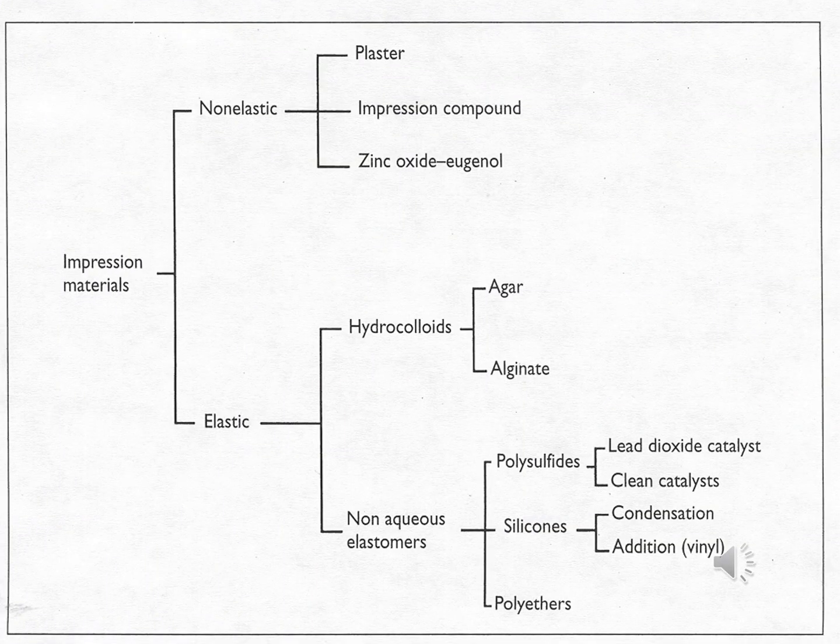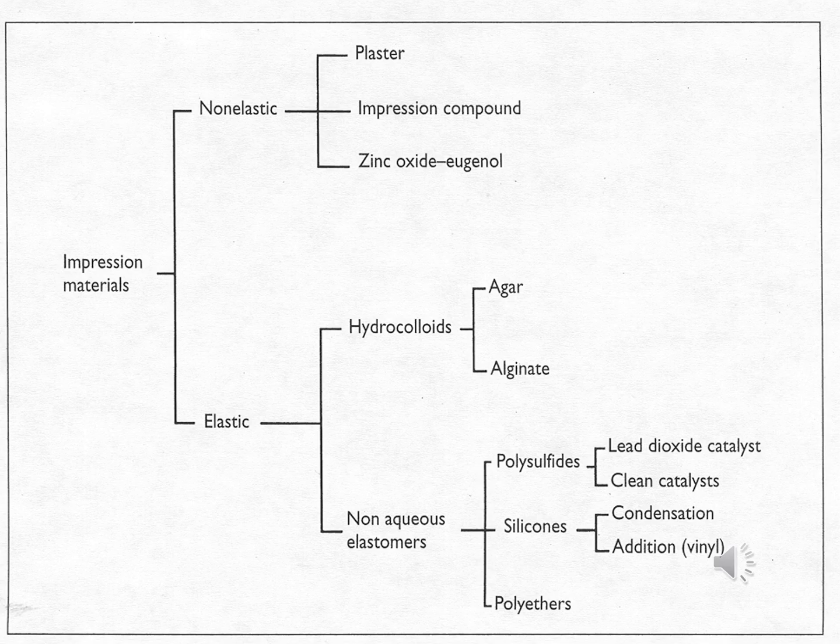These impression materials are classified into two types, that is non-elastic and elastic impression materials. Under the non-elastic category, we have plaster, impression compound, zinc oxide eugenol. Under the elastic category, we have aqueous impression materials and non-aqueous impression materials.